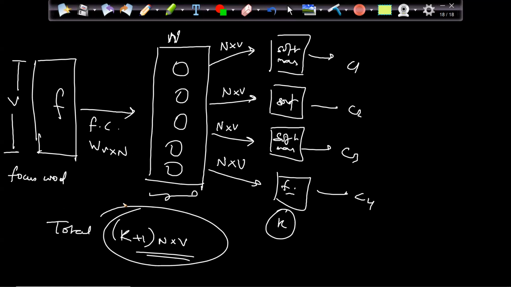But CBOW is faster than skipgram. Skipgram is slower than CBOW, which makes sense, because in CBOW I just have to find one word, but here I have to find multiple words.